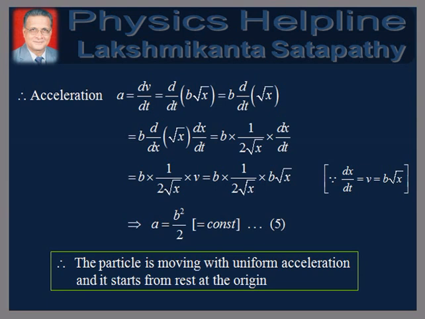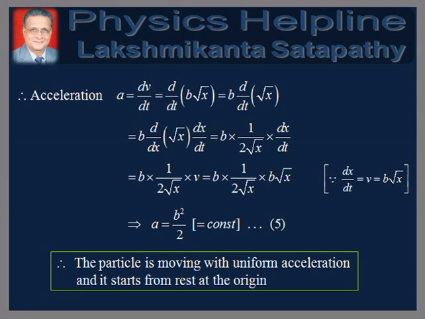Now, acceleration of the particle is obtained by differentiating v with respect to time. Therefore, we have a is equal to dv by dt, which is equal to d by dt of b root x, which is equal to b into d by dt of root x.